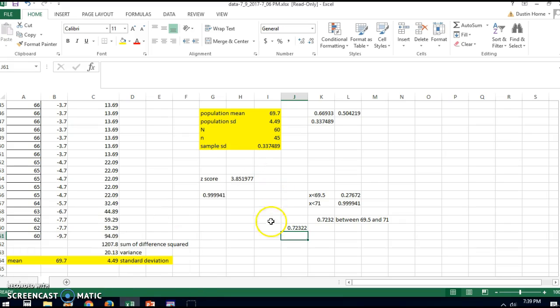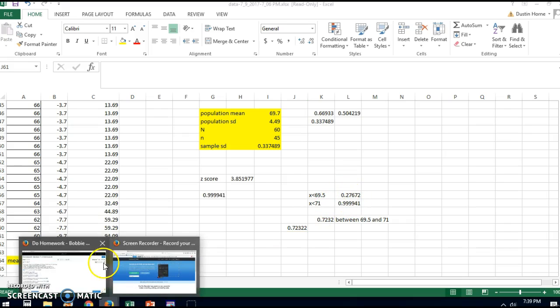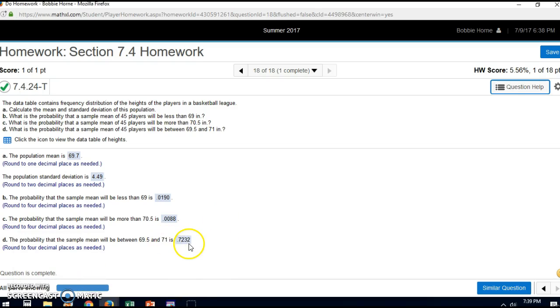So if you're looking for the probability of it being less than, you always use the number that you get. If you want to find greater than, you have to do 1 minus that probability. If you want to find in between, you have to take the biggest one and subtract out the smallest one. This was a very tough and challenging homework problem, and hopefully knowing how to use the technology will help.